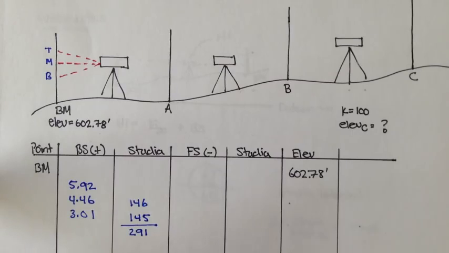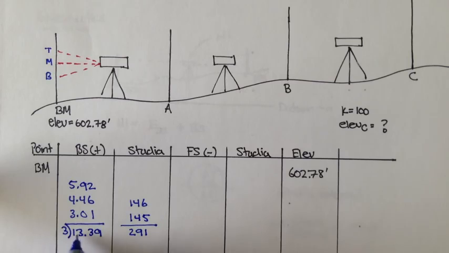The second step is you want to add these 3 measurements, the top, middle, and bottom. And when I add them, I get 13.39. Let's divide by 3 and make sure it's close to our middle reading, our 4.46.